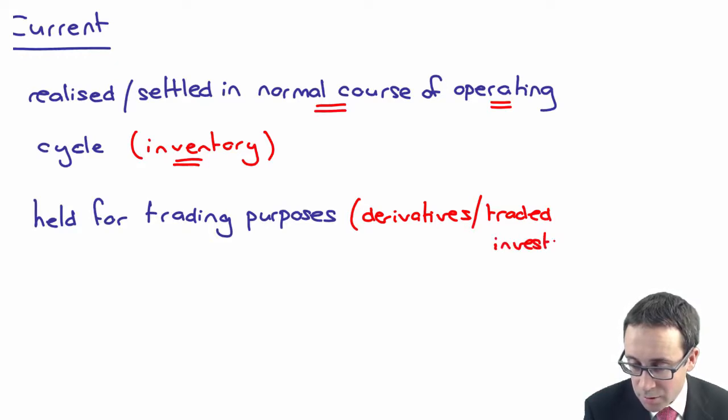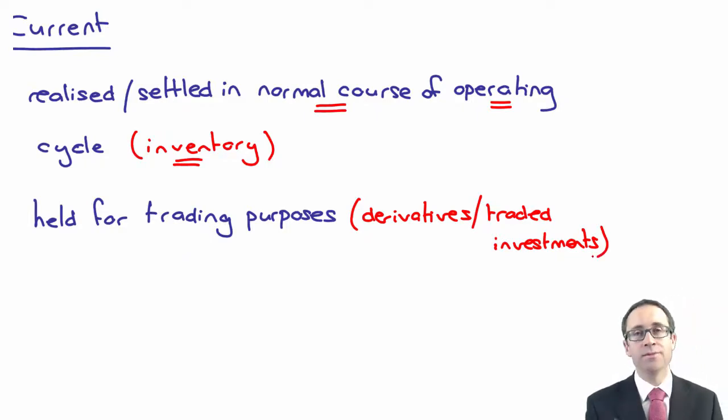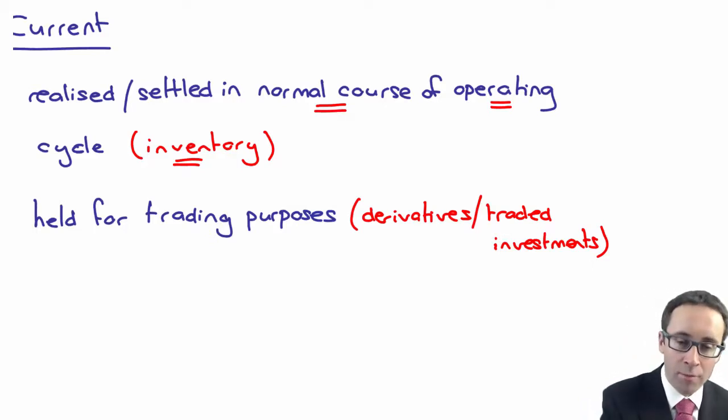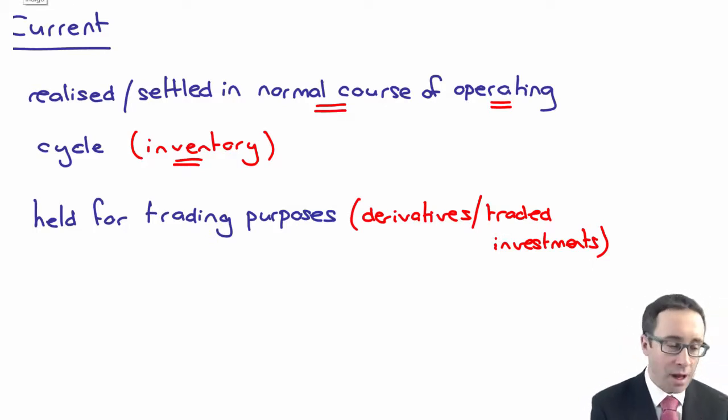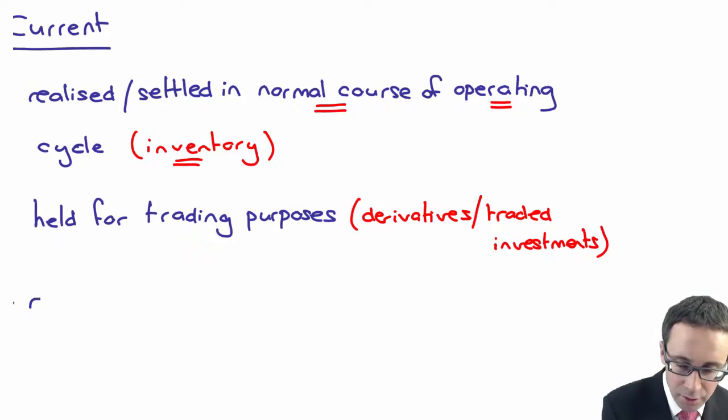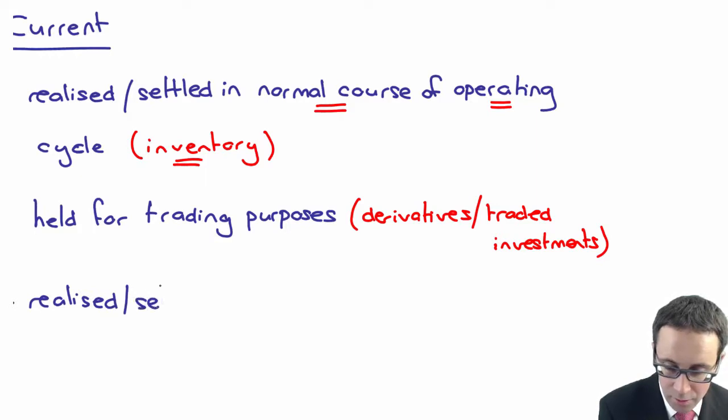So investments that you intend to sell in the near future instead of holding for a longer period of time. If you're holding it for trading purposes, so a traded investment or a derivative, then that will be current.